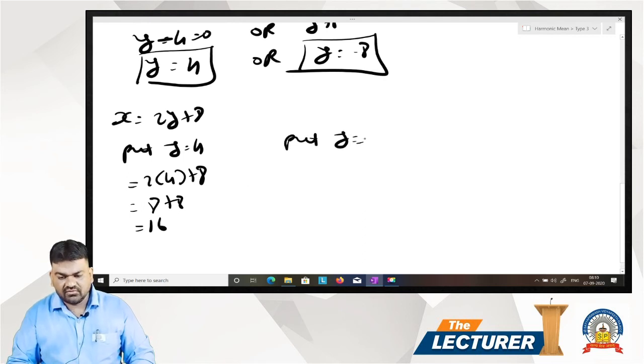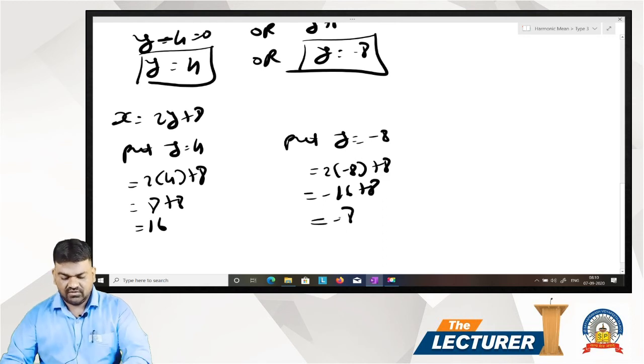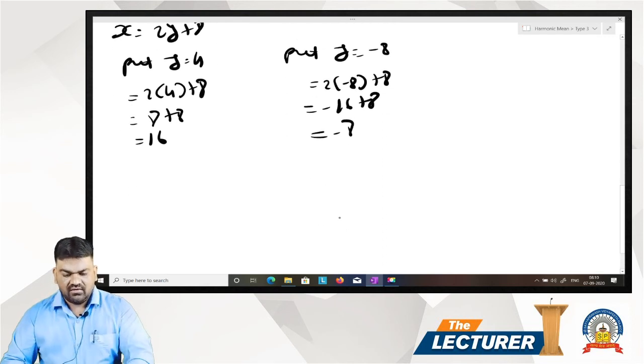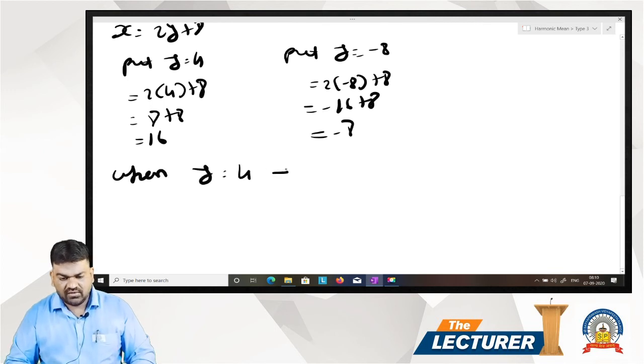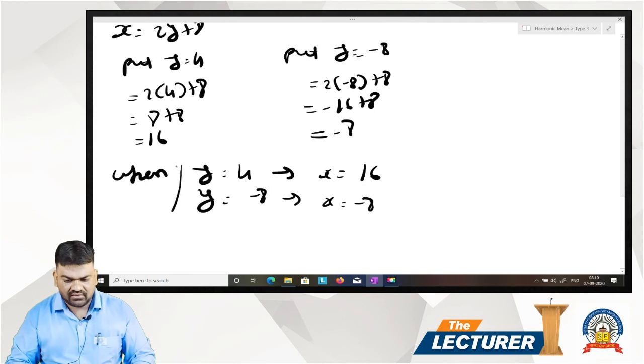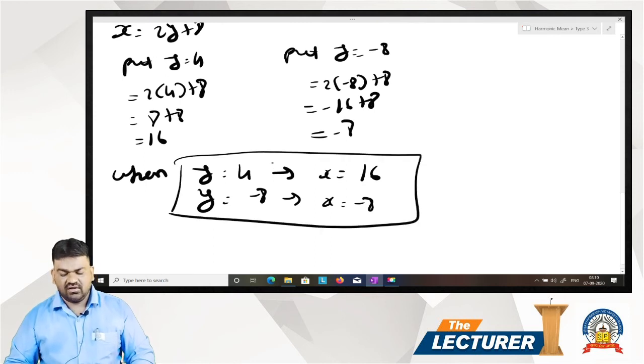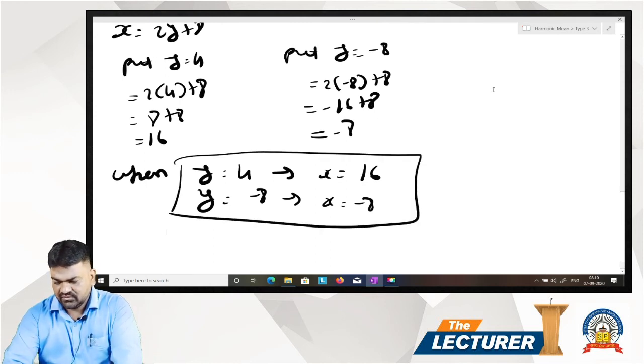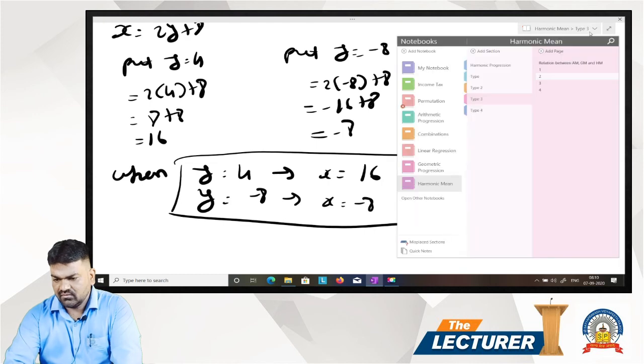Put y is equal to minus 8. 2 multiplied by minus 8 plus 8, minus 16 plus 8, minus 8. So when y is equal to 4, then x is equal to 16. And when y is equal to minus 8, then x is also equal to minus 8. This is your answer. Next, example number 3.